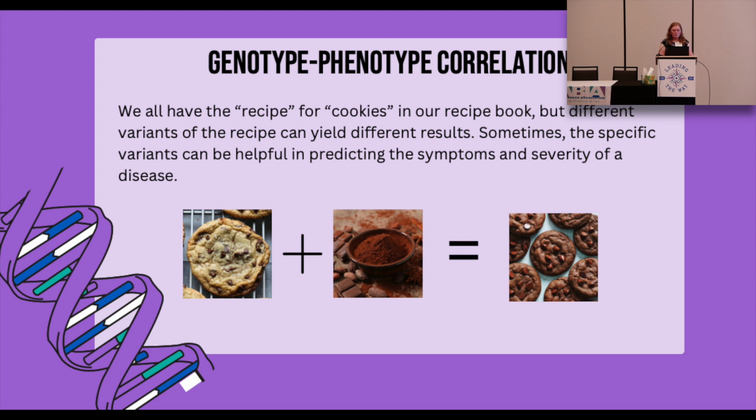So if we were to add cocoa powder to a chocolate chip recipe, that's the variant, we can very much expect the cookies to turn out darker. And so knowing the exact change and what it causes is kind of like having a genotype-phenotype correlation.